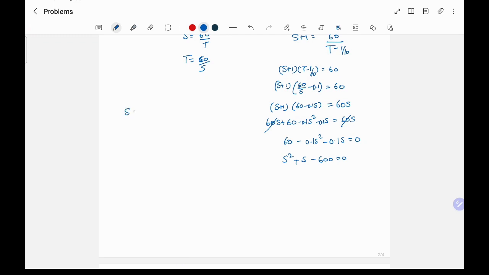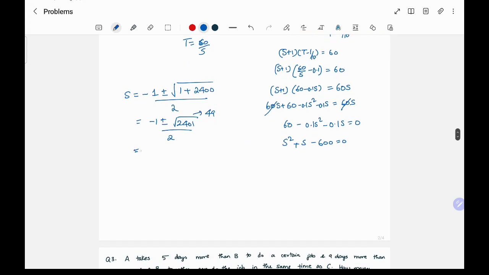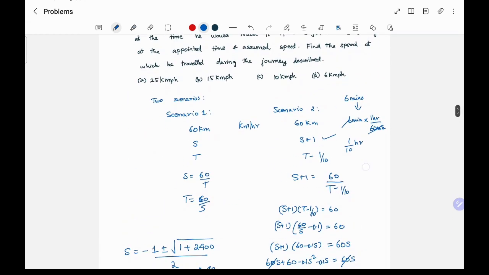If we try to solve this, s is equal to minus 1 plus or minus root of 1 plus 4 into 600. 4 into 600 is 2400, divided by 2. This is minus 1 plus or minus root of 2401 by 2. The square root of 2401 is 49, so minus 1 plus or minus 49 by 2. We don't want the negative answer, so we'll just get 48 by 2, which is 24. So s is 24 and we want s plus 1. So s plus 1 is 25 kilometer per hour.